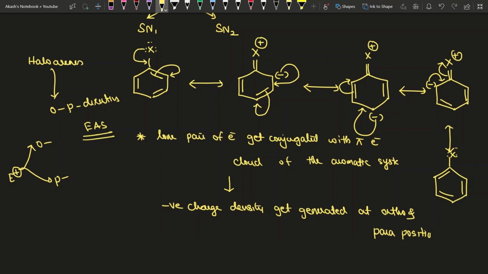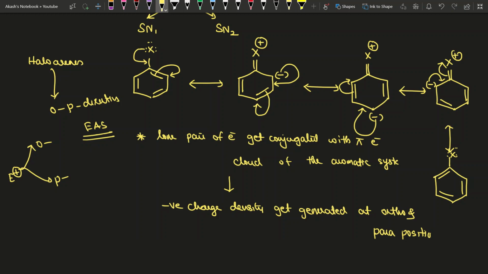In the case of haloarenes, the electrophile is not substituting the halogen. The electrophile is substituting the hydrogen present in the ortho and the para position. Clear?